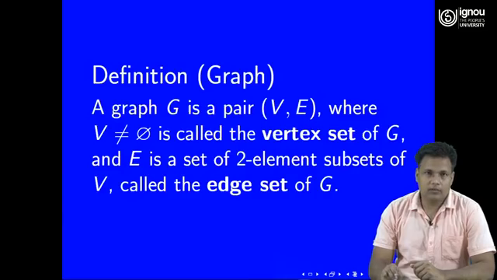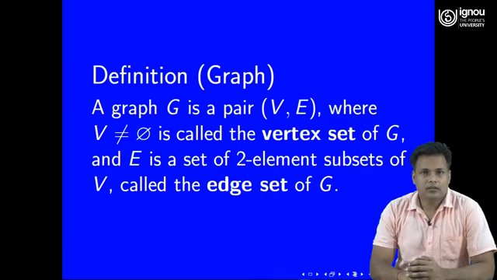So first let's look at the definition of a graph. A graph G is a pair of sets, namely V and E, where V is called the vertex set of G. It must be a non-empty set, and E is a set of two element subsets of V. It's called the edge set.